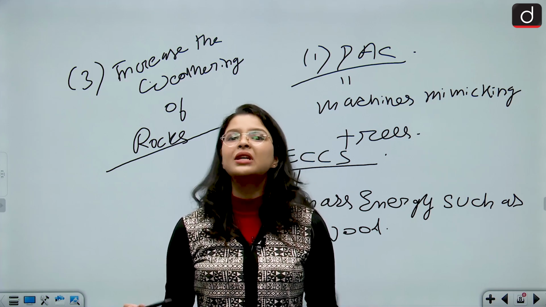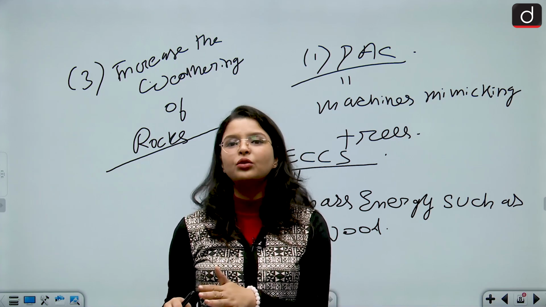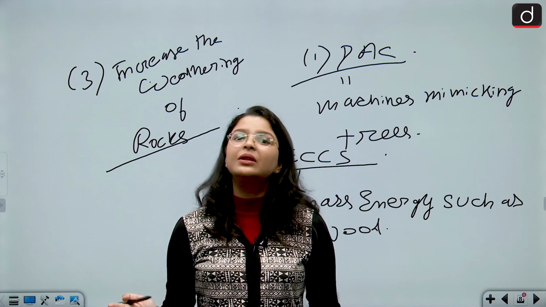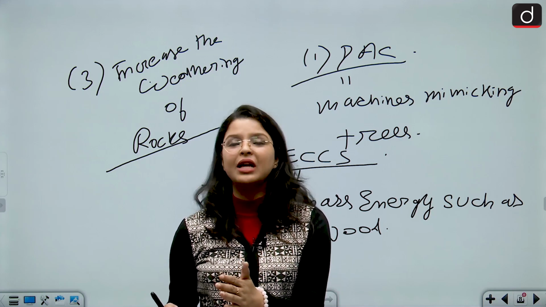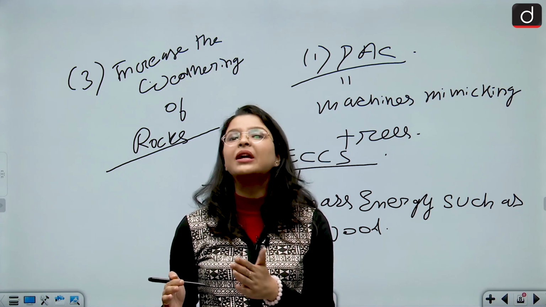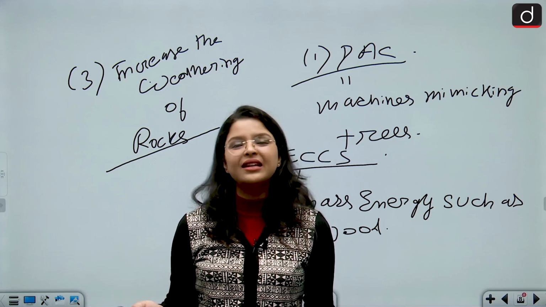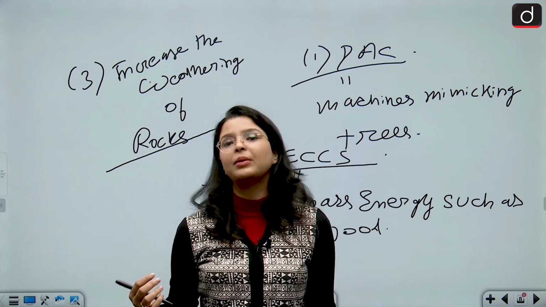So, we are using chemicals on rocks that are important, and we are increasing the weathering cycles of rocks, and this in turn absorbs the carbon dioxide. You can spread that chemically weathered rock into the agricultural land, etc. So all of this you can do, and that in turn will absorb the carbon dioxide.